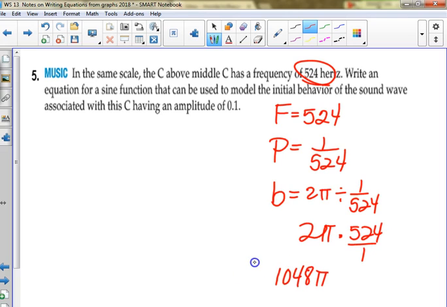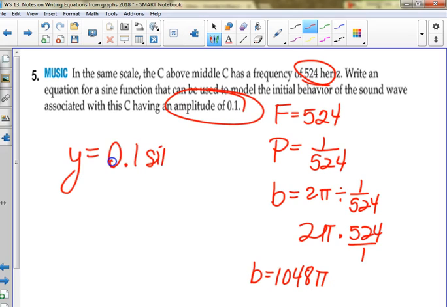Well, it's the frequency of a note, right? So it's going to be fast. The sound wave, basically. All right. So we have y equals amplitude, good, sine, bx.